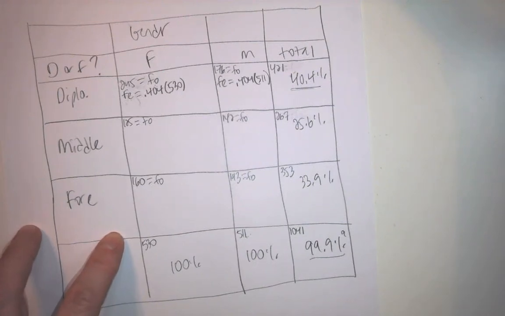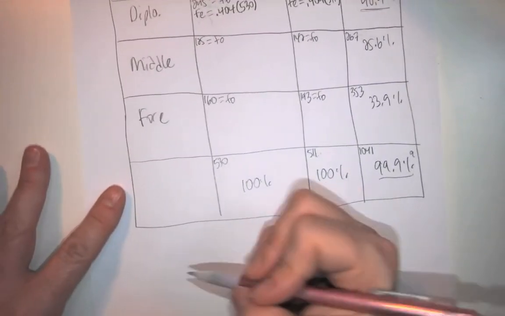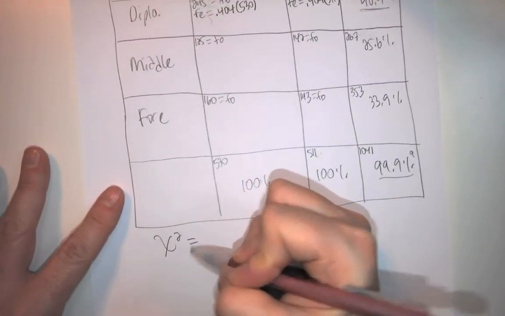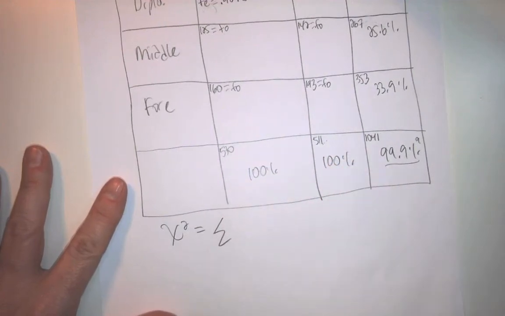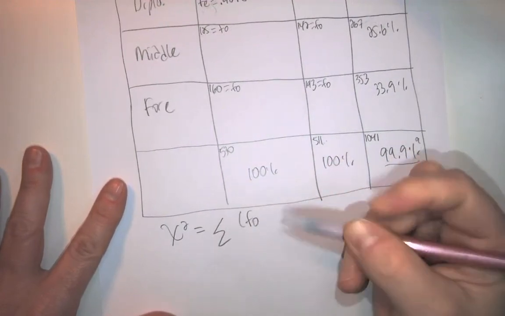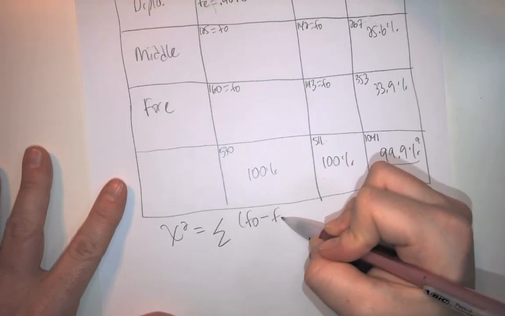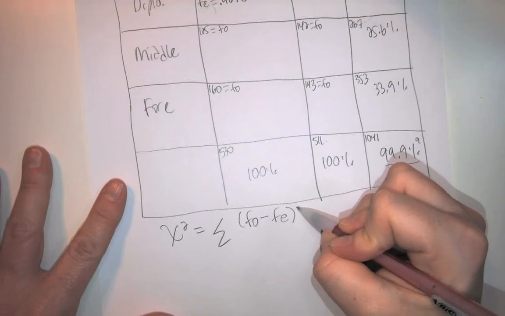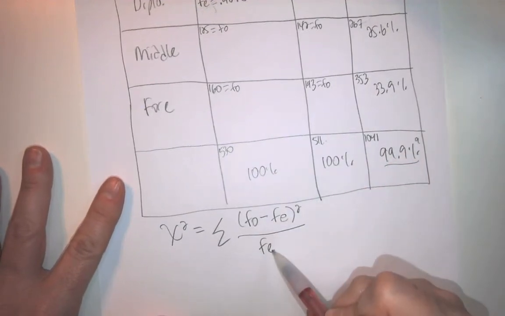Let me go ahead and write the chi-square formula to show you what we're trying to do. The chi-square formula: chi squared equals the sum of our observed frequency minus our expected frequency, squared, over our expected frequency.